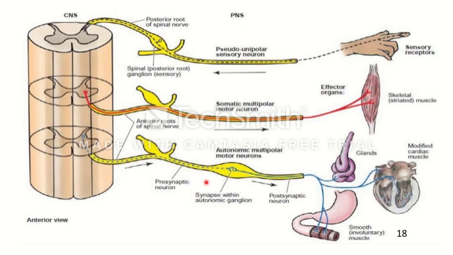And because the electrical impulses along this neuron are going toward the central nervous system, this neuron is afferent, so visceral afferent.